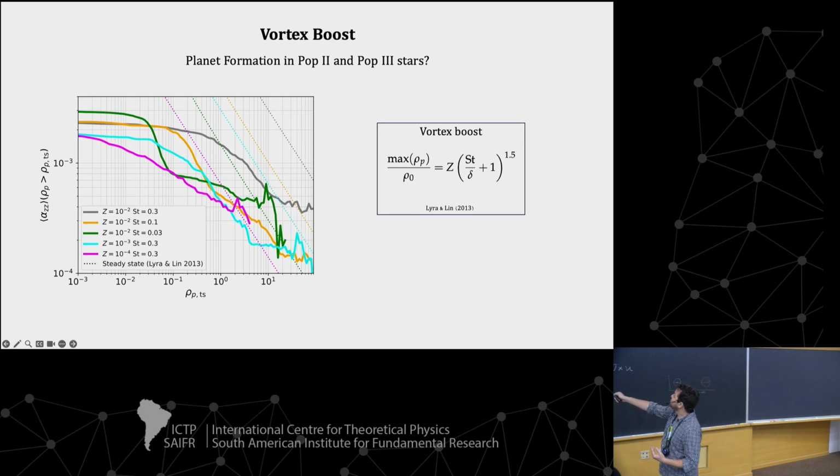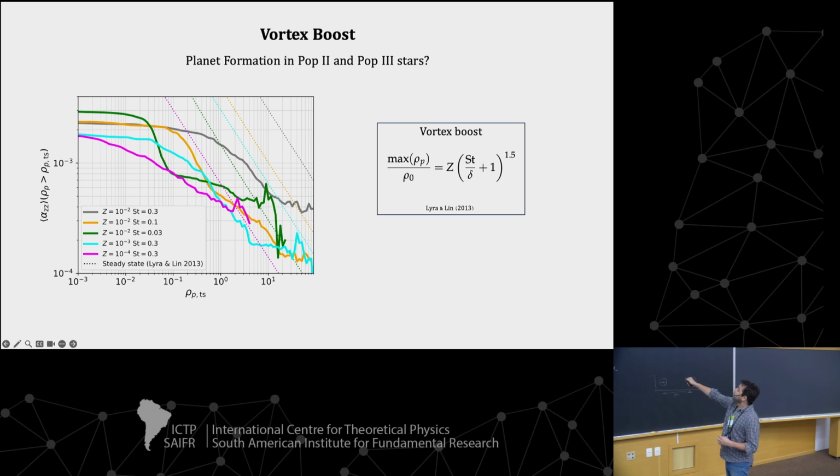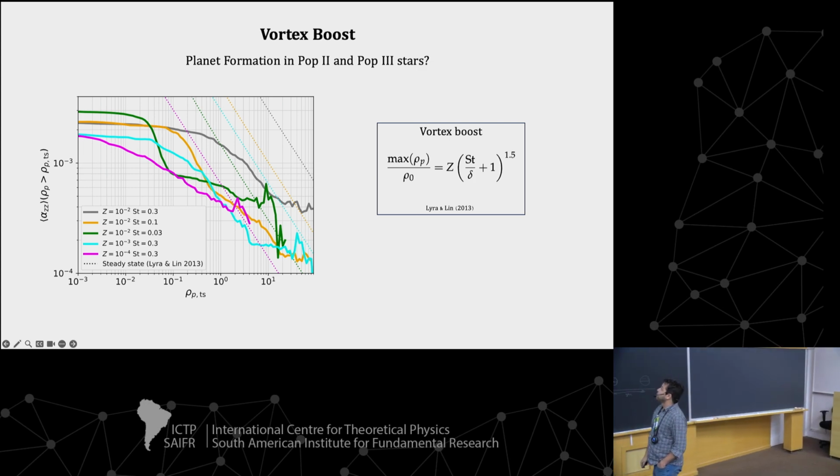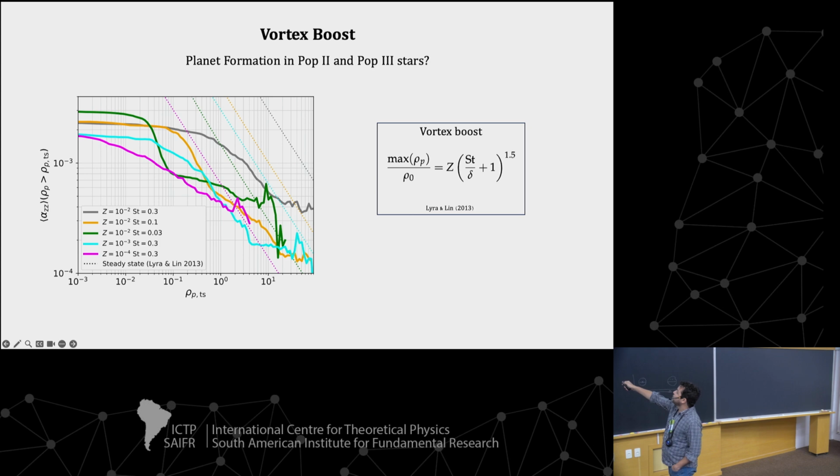So what you see here is that for the models where collapse happened, the diffusion was always lower than the threshold for collapse. So this is the Roche density here. The very right-hand side of the plot is the critical density, right? Now, the models that did not collapse are the magenta line and the green line.